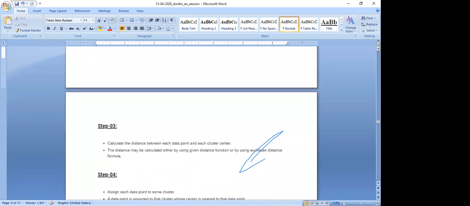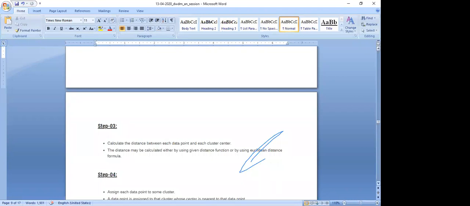If I take (2, 4) as a data point and (5, 6) as a cluster point, then it is (2 minus 5) whole squared plus (4 minus 6) whole squared, that is, observed value minus centroid cluster value for each coordinate. We have to calculate the Euclidean distance for each and every data point.